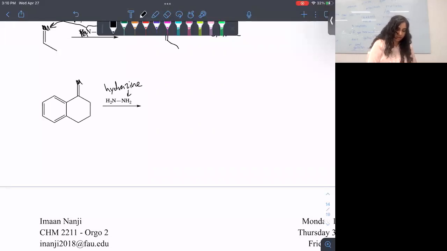So it's the same thing, cut off the O, cut off 2 hydrogens, copy and paste. And then this functional group, the double bonded N with the NH2, that is a hydrazone.